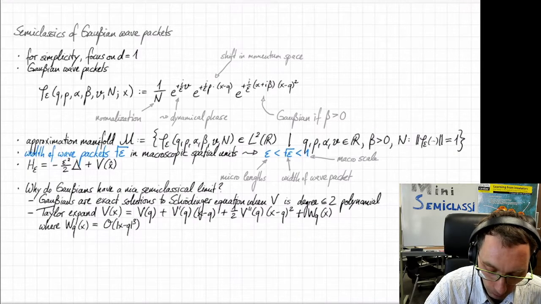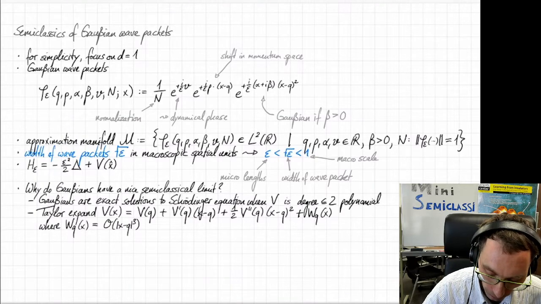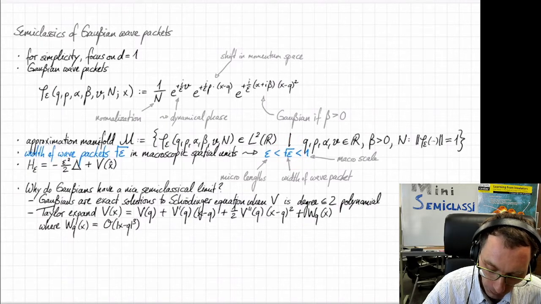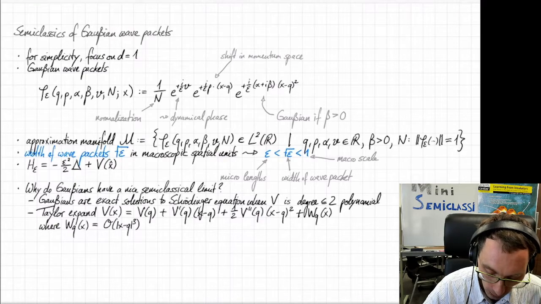So pictorially speaking, let me explain how things work here. Because the width of the Gaussian is square root epsilon, it still varies slowly on the microscopic scale. So for each position Q of t, you do the Taylor expansion around Q of t.